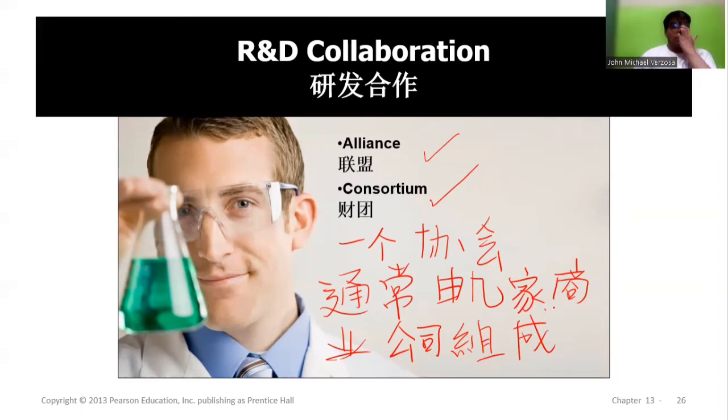Okay, so that is a consortium. So it can be just one or more. They put up their own resources to make research and development.